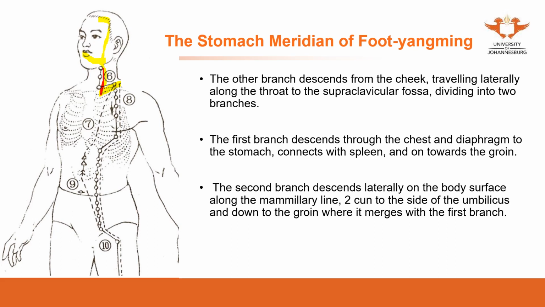So the first branch descends through the chest and diaphragm into the stomach, connects with the spleen, and goes towards the groin. So that's one meridian goes here. It links to the stomach and spleen, and keeps moving down to the groin area.